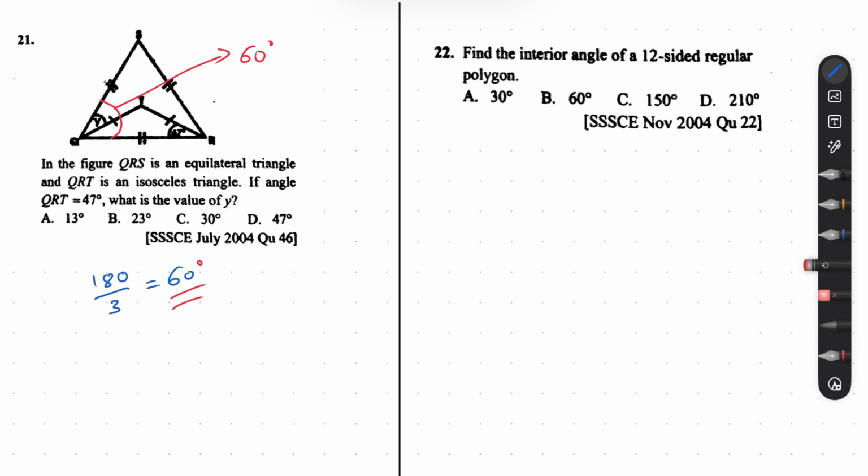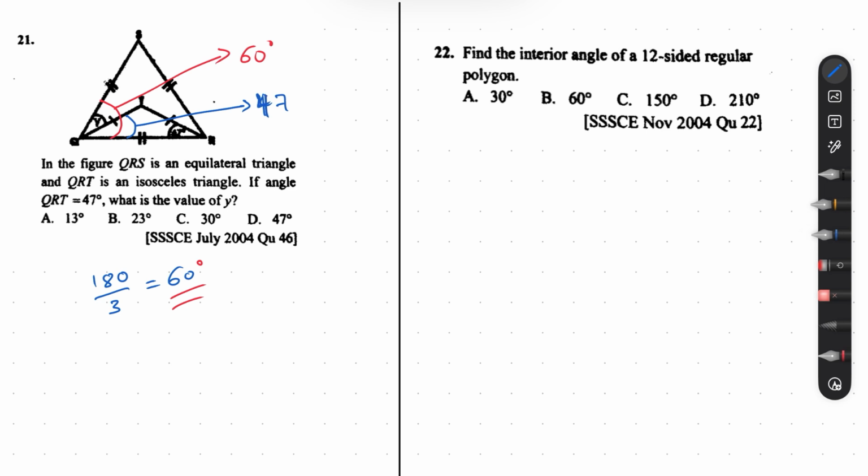Now we are told QRT, this triangle, is an isosceles triangle. What that means is only two of the sides are equal. So if two sides are equal, that means two angles will also be equal. So this angle here and this 47 are the same. Let's label that also. This small angle is 47.